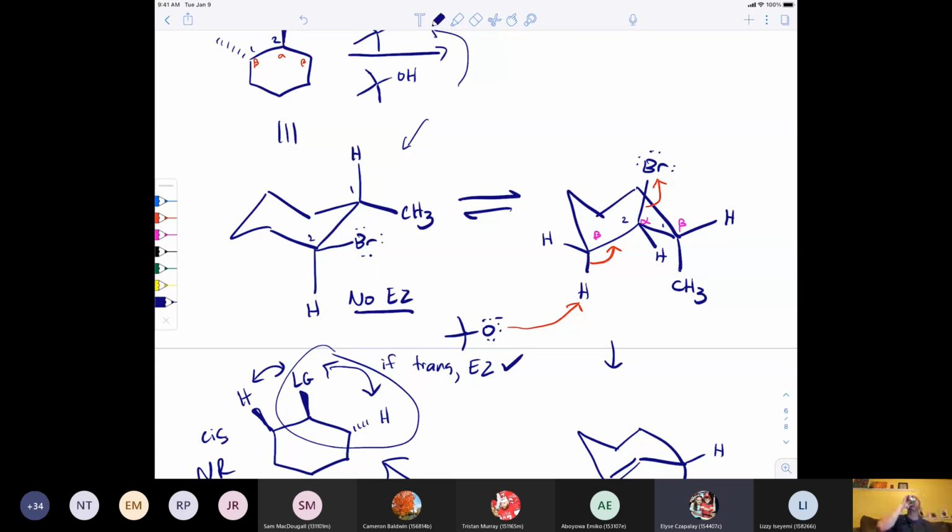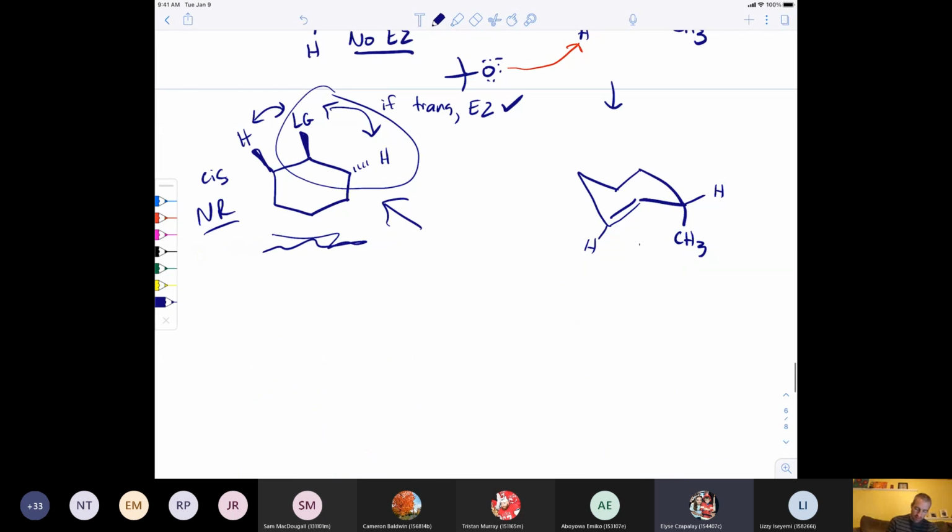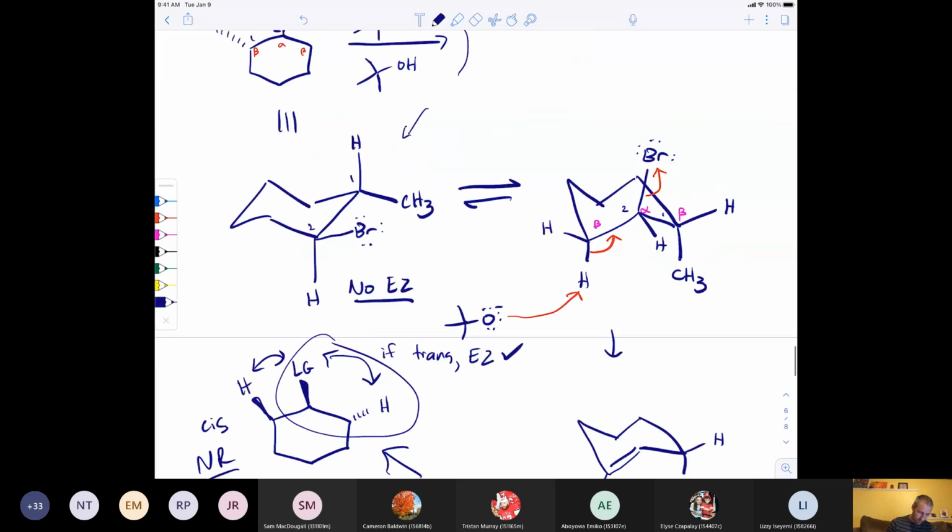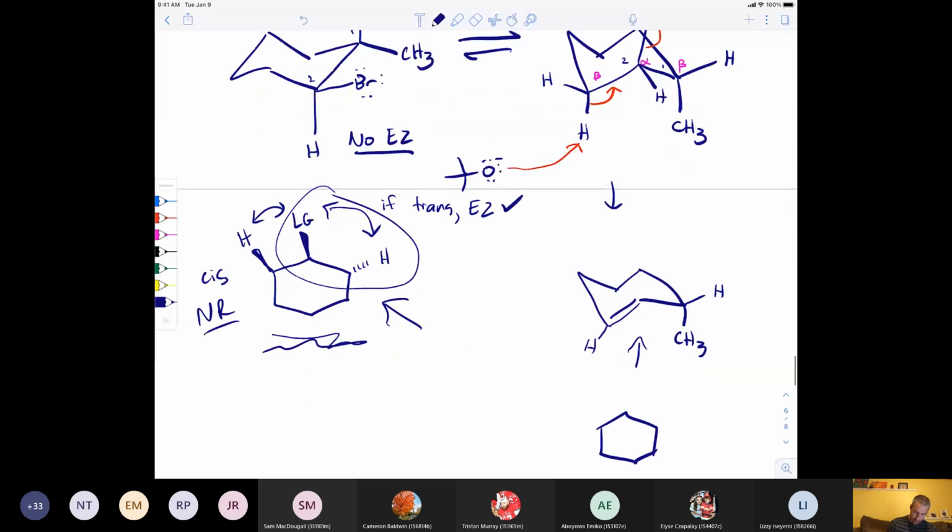I was just wondering if you could draw the final chair as not a chair. Oh, this guy up here. Yeah, for sure. What did it look like at the beginning? I'll draw it in the same orientation as before. That's really ugly looking.